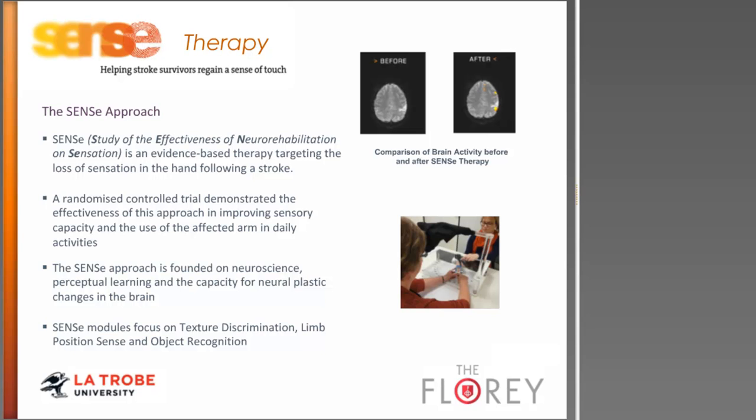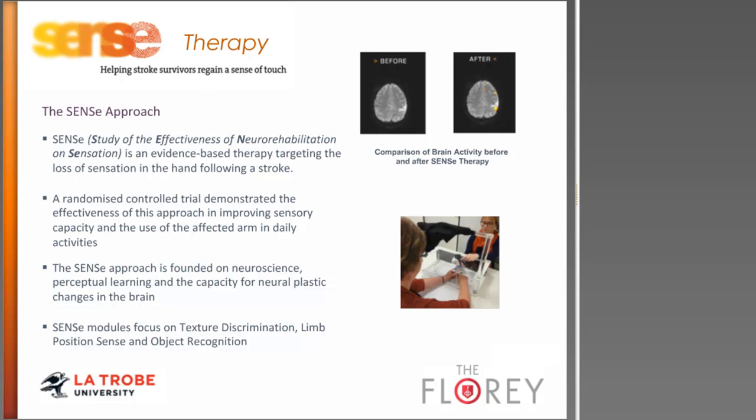So the training in SENSE therapy, as I mentioned, involves the equipment that I went through earlier. With tactile discrimination, those texture grids are used to retrain sensation. For limb position sense, the proprioception box with the splint attached to it is used for retraining. And for object recognition, different objects are required, and the specific sensory characteristics of different objects are retrained using some of the same objects.